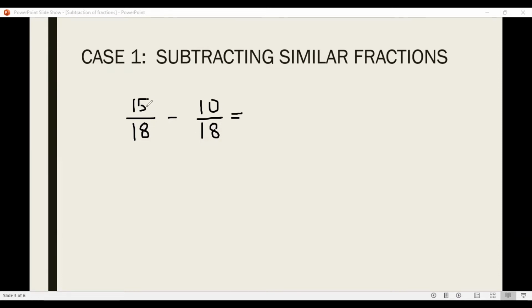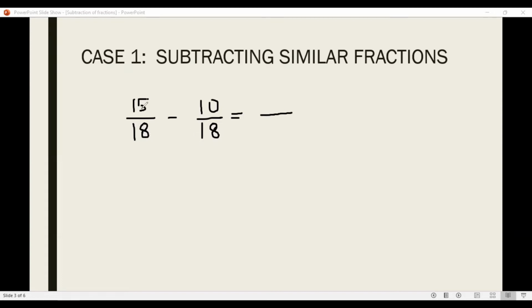As you notice, 15 over 18, the whole thing is divided into 18 parts, and the same thing with 10 over 18. So the number of equal parts a certain object is divided into are the same, and there is no need for us to make them similar fractions.